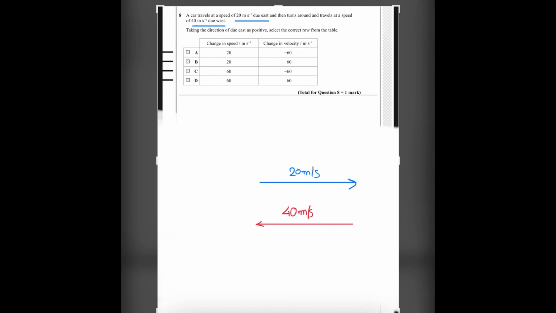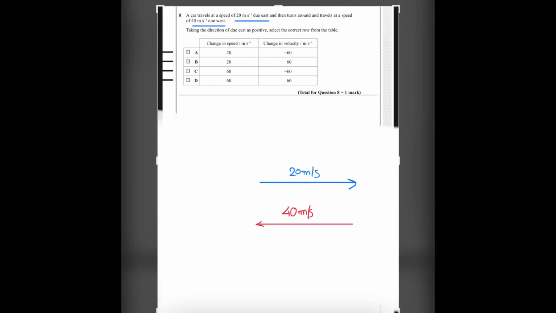But when it is traveling downwards, it is moving in the opposite direction. So instead of 20 meters per second, the velocity downwards would be minus 20 meters per second, even though the speed is 20 meters per second in both cases, whether it is going up or down.